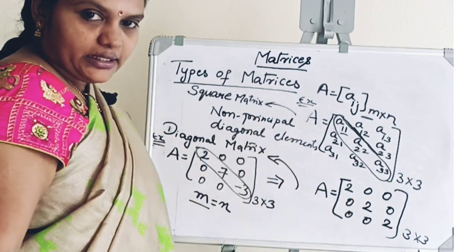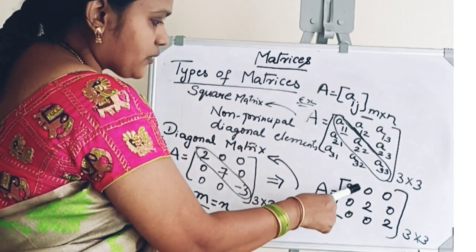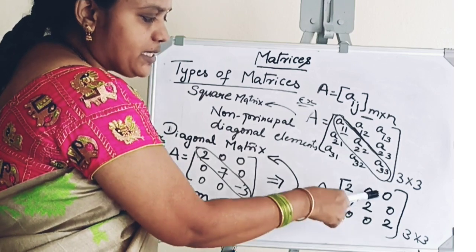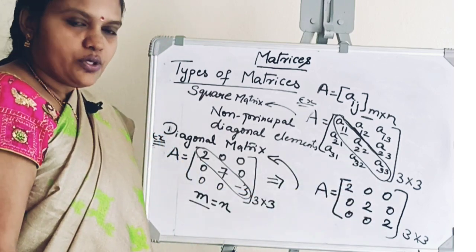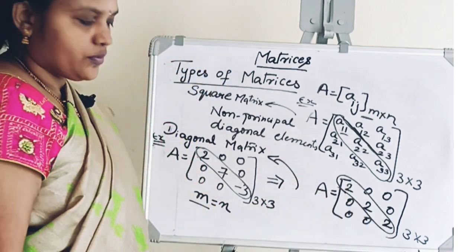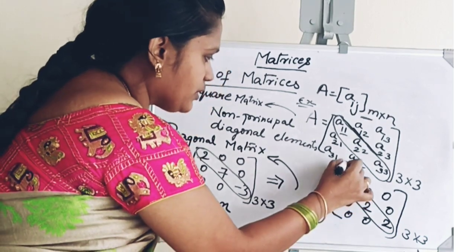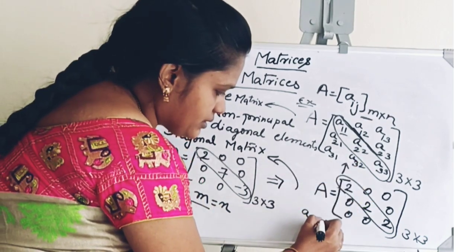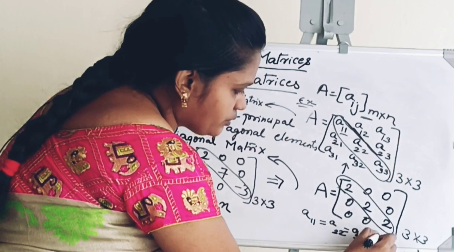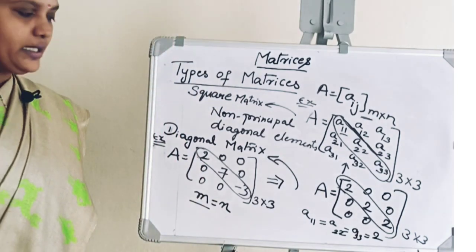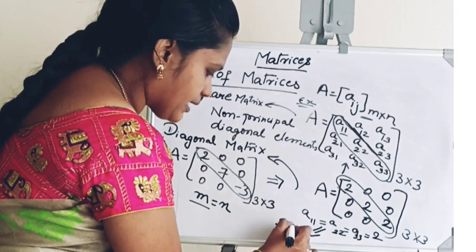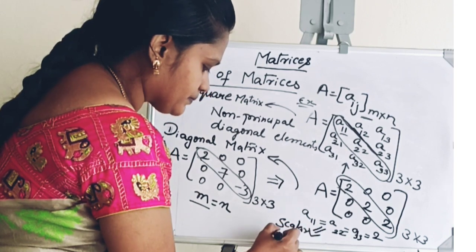Definitely it is a square matrix and definitely it is a diagonal matrix. Why? Because other than the principal diagonal elements, all elements are equal to 0. But since the principal diagonal elements are all equal, that is, in the generalized form, A11 is equal to A22, which is equal to A33, that is equal to 2, such type of matrix we call a scalar matrix.